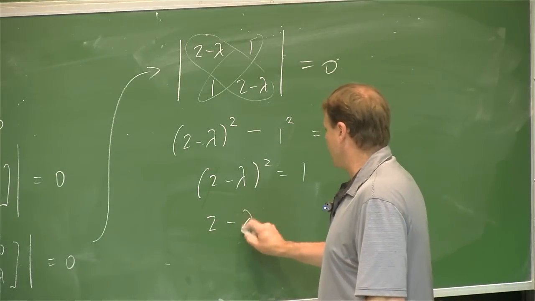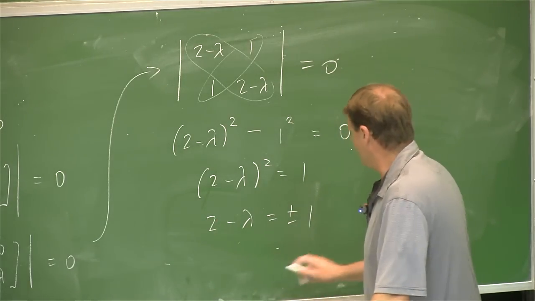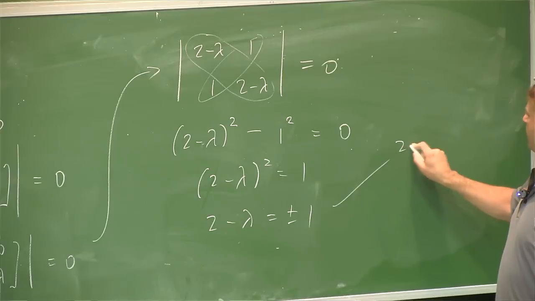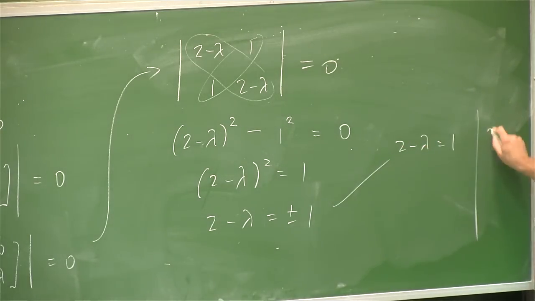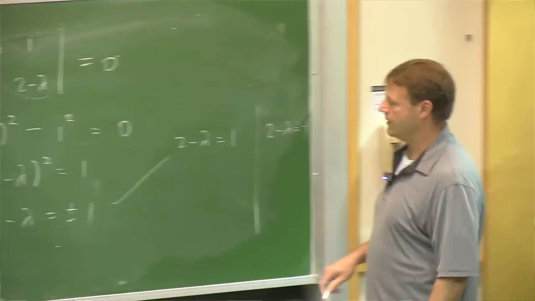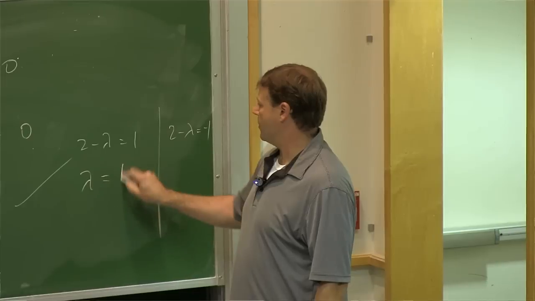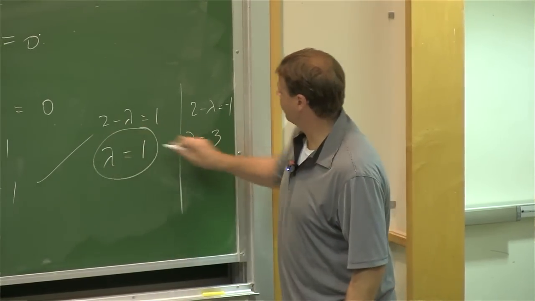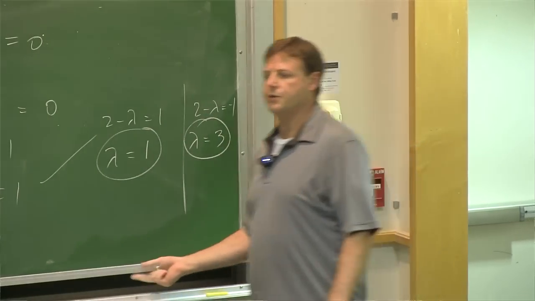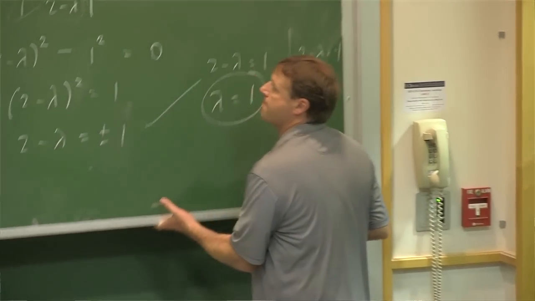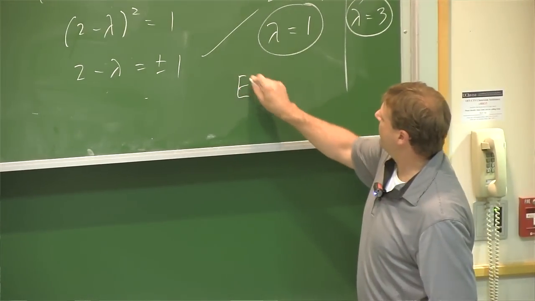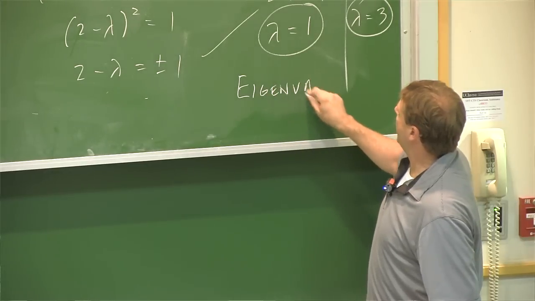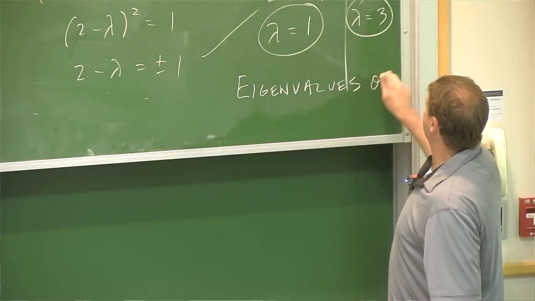So 2 minus lambda is equal to plus or minus 1. So I have two possibilities: 2 minus lambda equals 1, and 2 minus lambda equals negative 1. Here, lambda is equal to 1, and here, lambda is equal to 3. Those are what you call the eigenvalues of A.